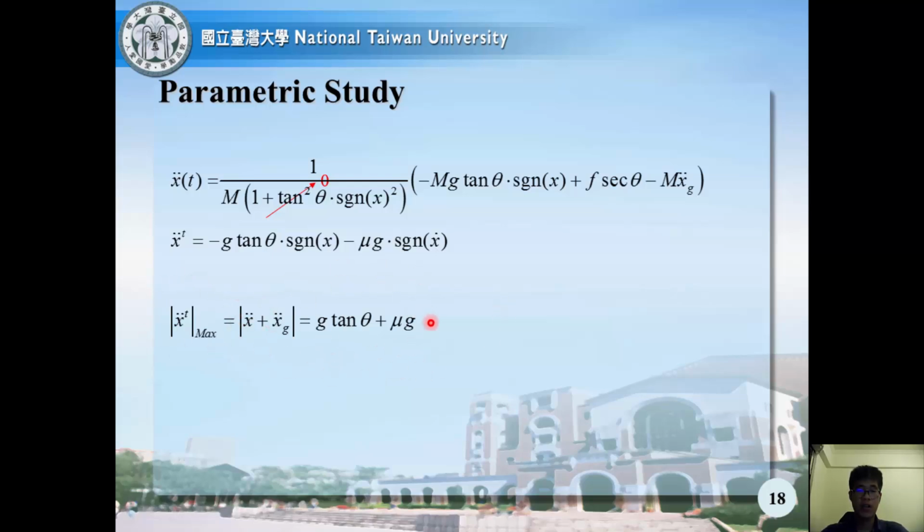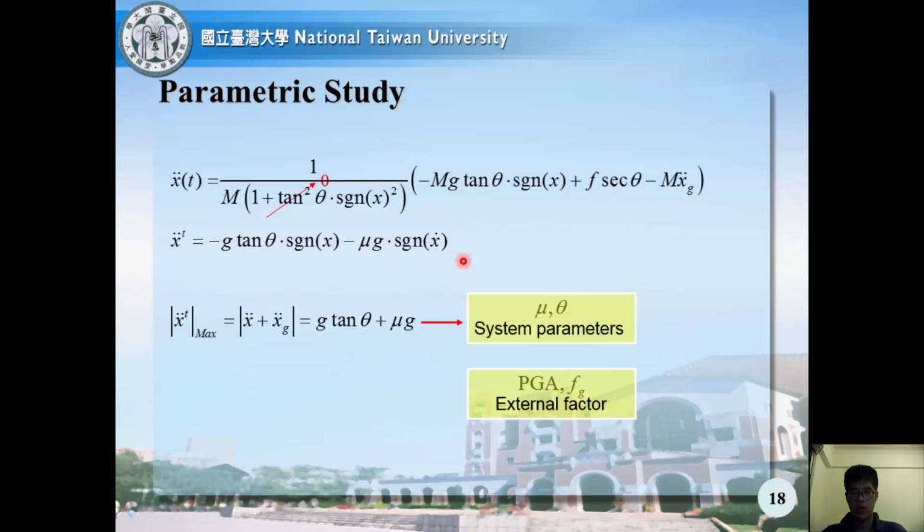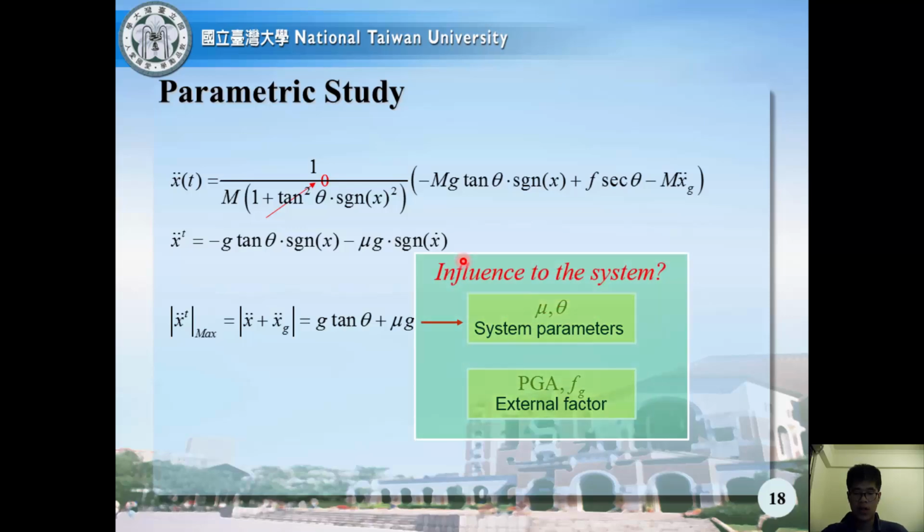We may see that the absolute acceleration is mainly influenced by the inclination angle and also the friction coefficient. But we haven't decided the influence of these two parameters toward the system displacement. And also, we may wish to know the influence of the external factor toward the system response. So we'll further discuss this.